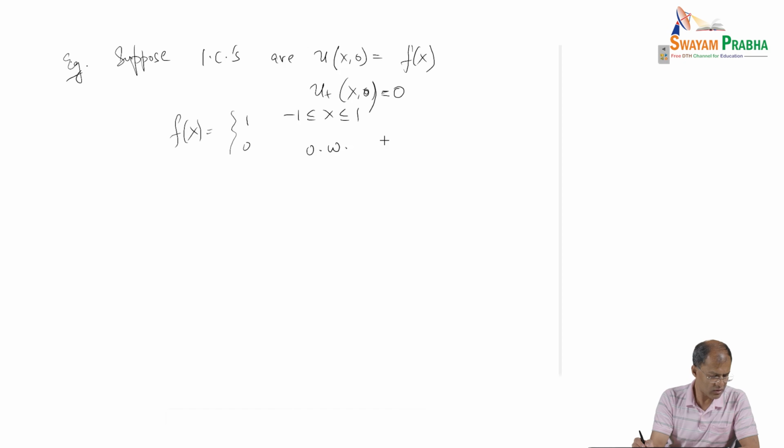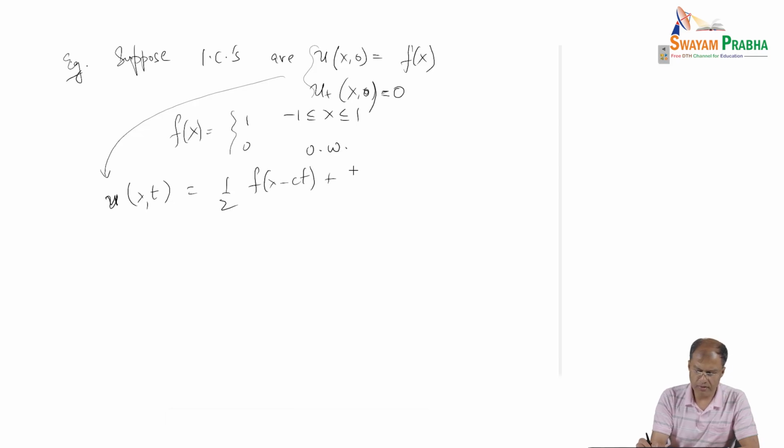So we find the solution to the momentum equation with linear constitutive relation. I can quickly deduce that my solution for the displacement u of x comma t is half f of x minus ct plus half f of x plus ct, and the g value is 0, so there is no term associated with g.